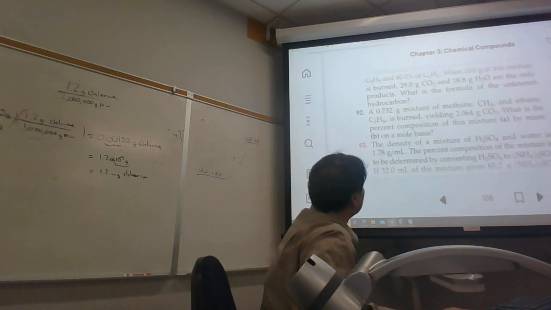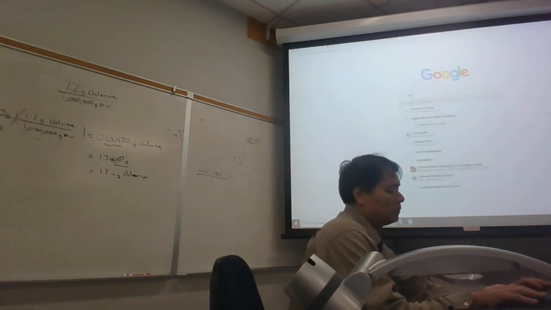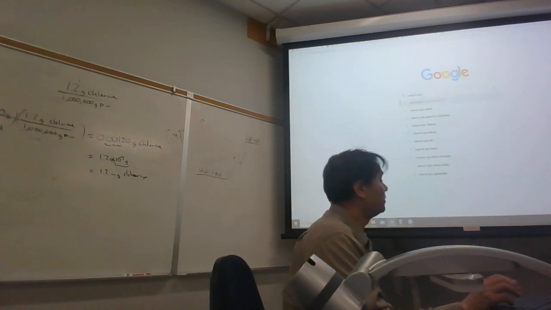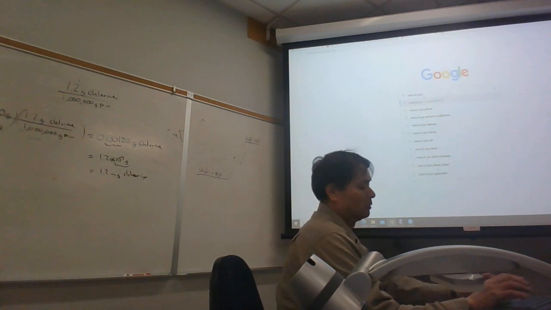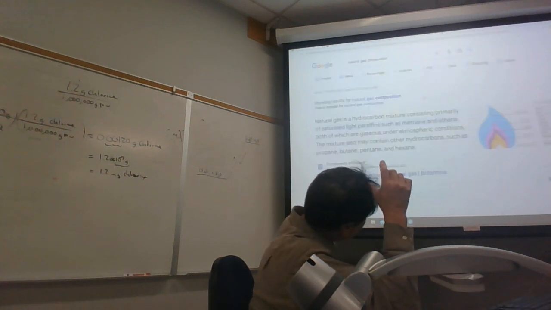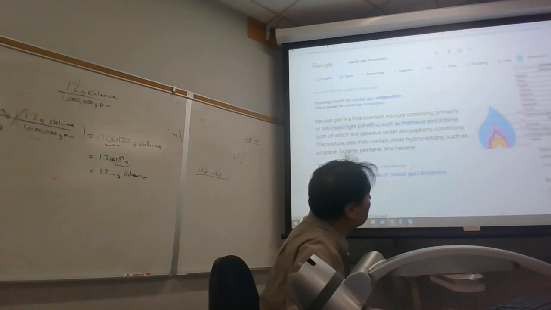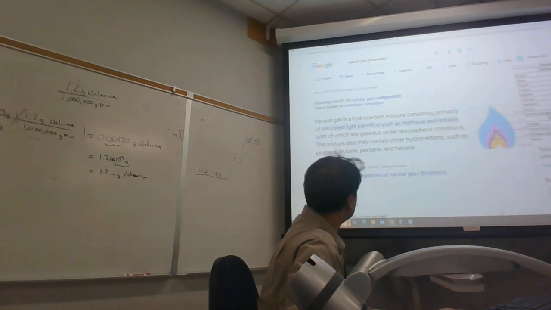That isn't necessarily bad, because do you know natural gas has a little bit of ethane in it? Natural gas is not pure methane. Percent by mass.